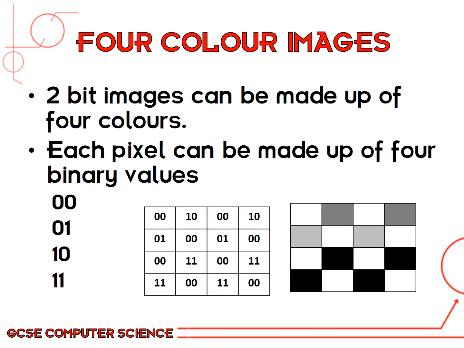If you look at the two little examples at the bottom, you can see what the computer would see in binary string and also what you would see with the human eye. You might notice that 00 is still white, but 10 is a slightly darker shade of grey, and then 01 is the lighter shade of grey, and 11 is still black.